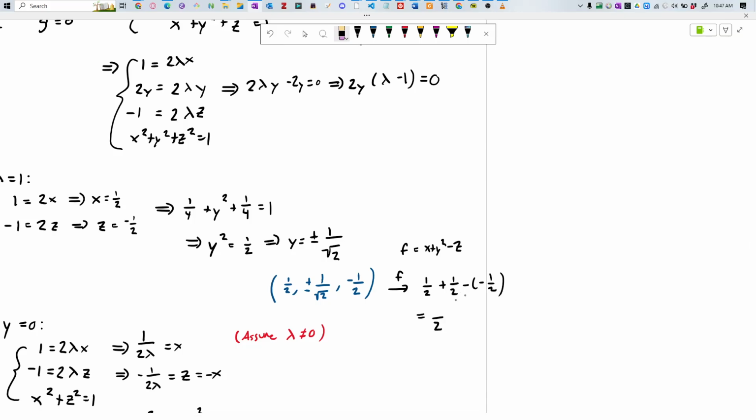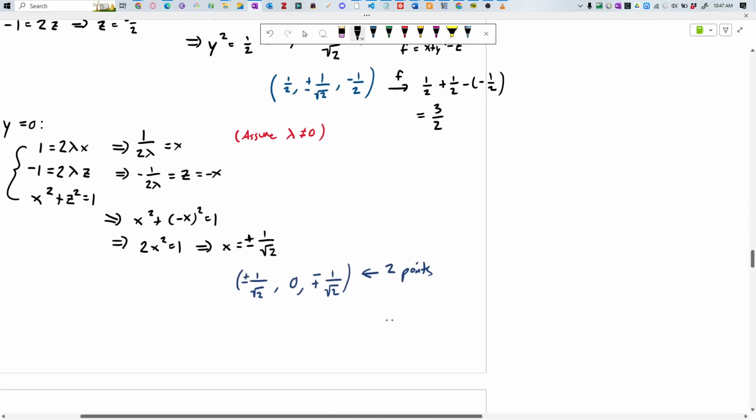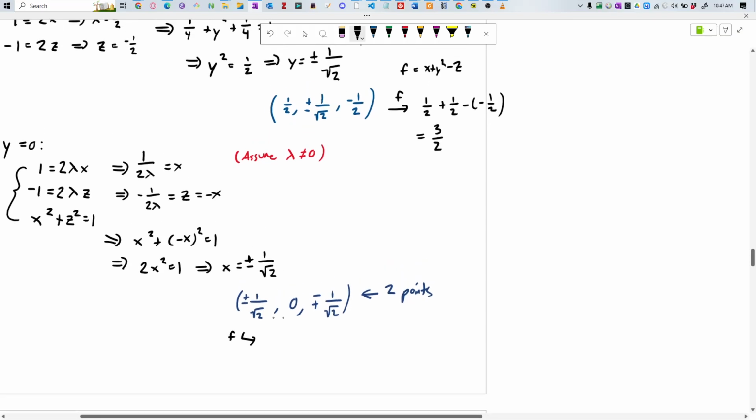Okay. Whereas if I evaluate f on these points, well, the x does make a difference.